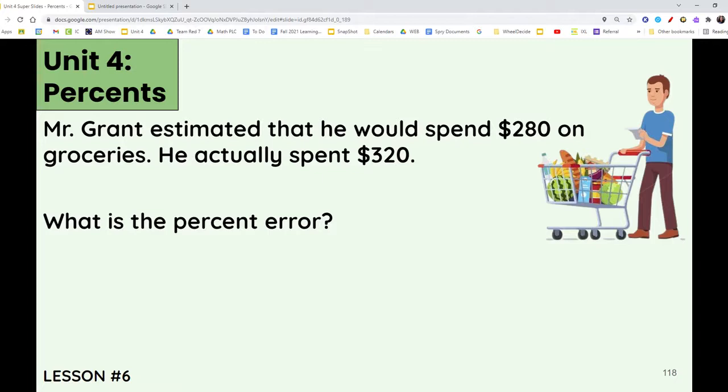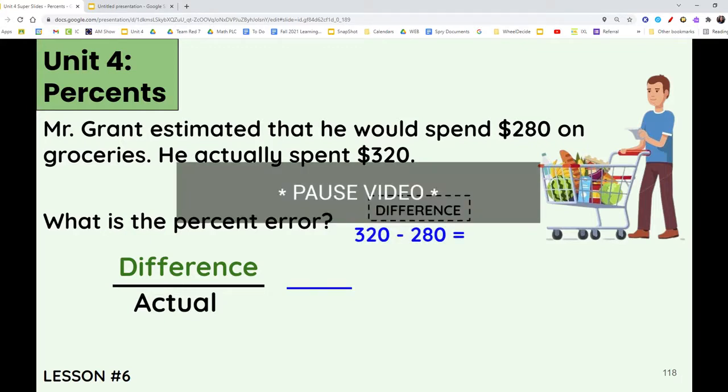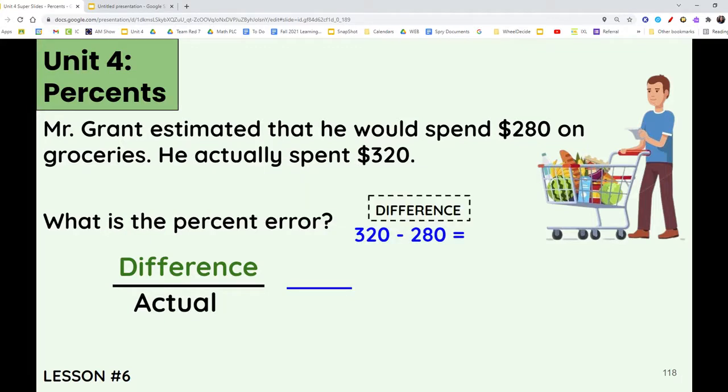Mr. Grant estimated that he would spend $280 on groceries. He actually spent $320. What is the percent error? So we're going to do difference over actual. Go ahead and find the difference between those two amounts. Okay, you should have found the difference was $40. And what is the actual amount?